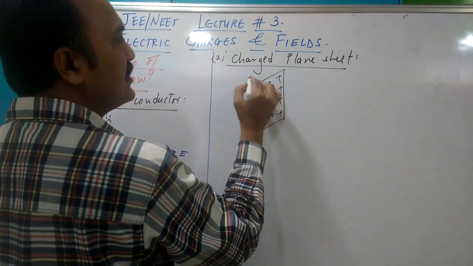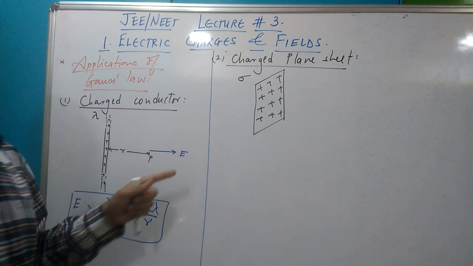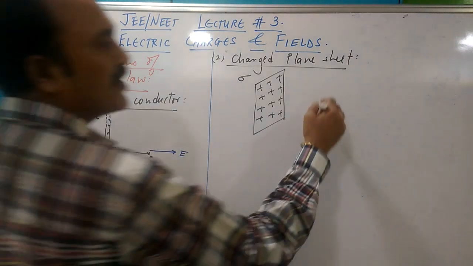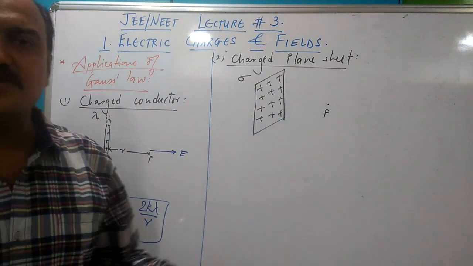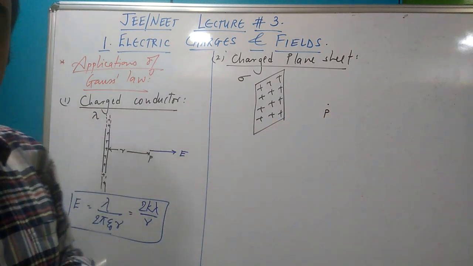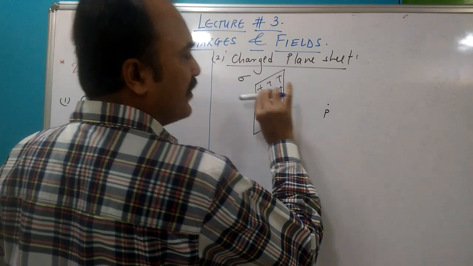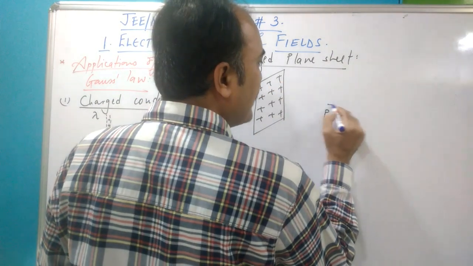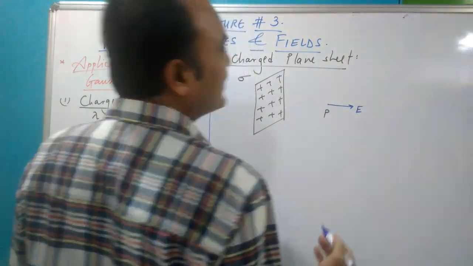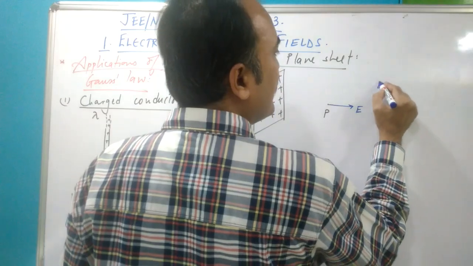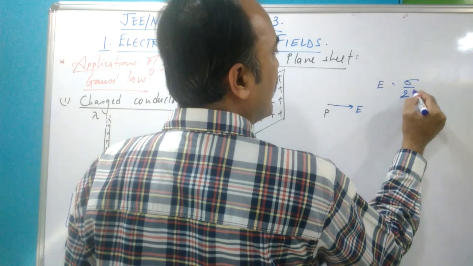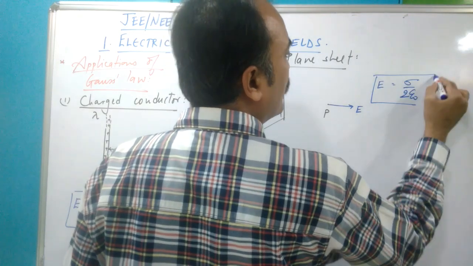And since this is two-dimensional, we shall define surface charge density, sigma. What then is the electric field at this point P? Again, two things. One, the electric field due to this sheet is again radially outwards. And secondly, the magnitude of this electric field, E, is sigma by 2 epsilon 0.